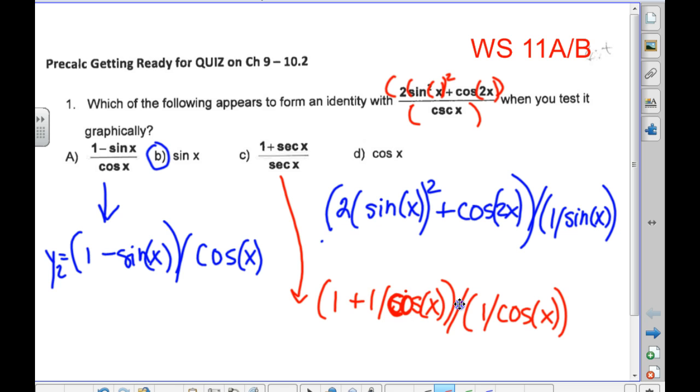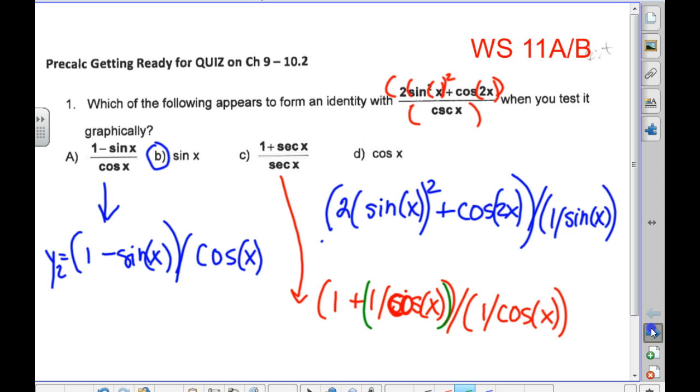And you could have put an extra parentheses in here around the 1 over cosine, but it wouldn't matter because it always does division before addition anyway. All right, so practice in typing those in to see just graphically which one matches. That's all you were trying to figure out. It's a multiple choice question.